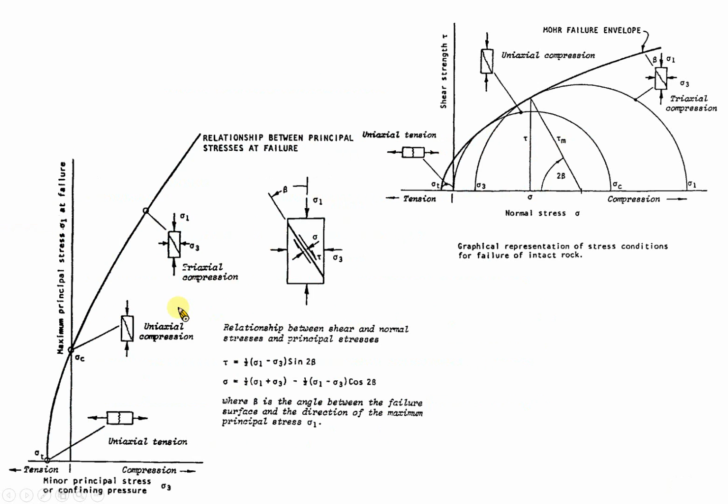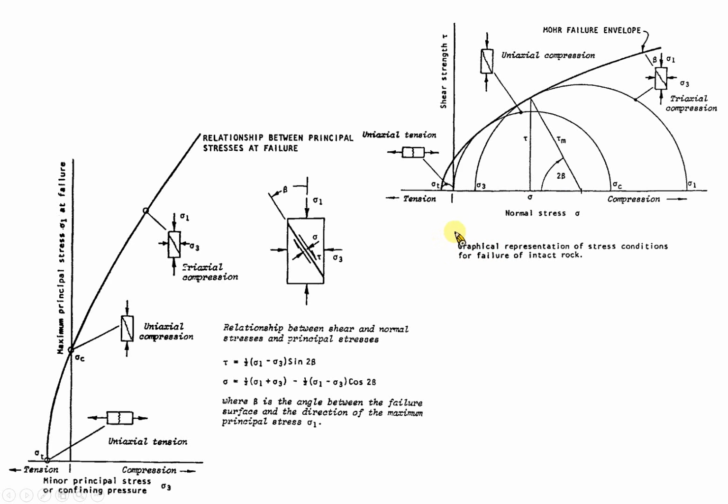I was trying to summarize a lot of testing conditions for rock mechanics. If you have a failure envelope like this, the horizontal axis will be the normal stress, and here will be the shear stress. You can find the failure envelope is not really a straight line, but a curve.